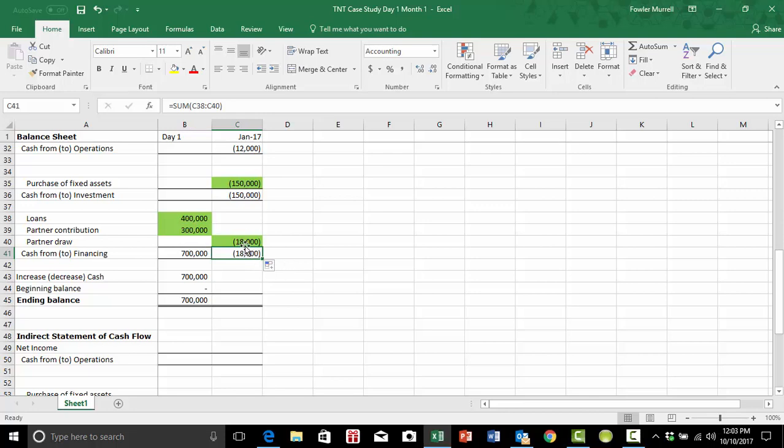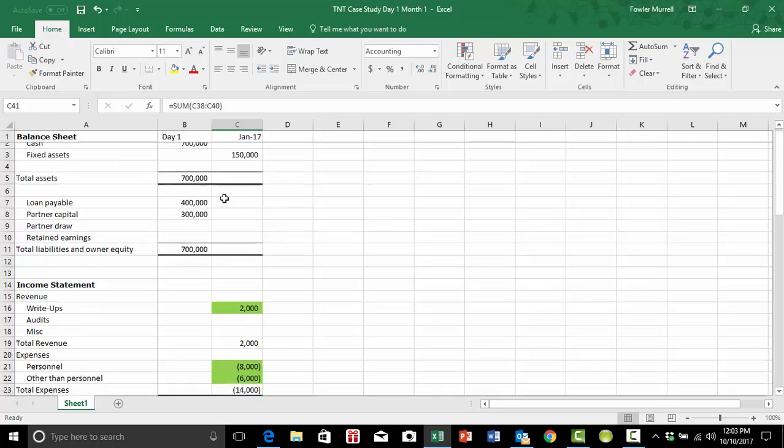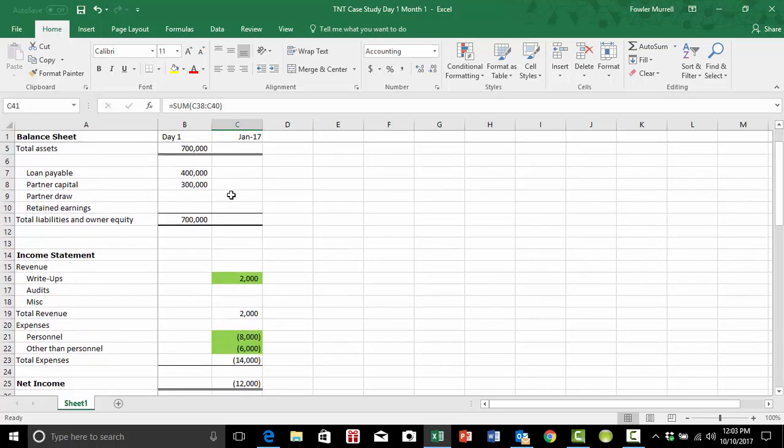The other side of this entry is up here, partner draw. And partner draw, the entry is a debit to partner draw, credit to cash. Partner draw is a contra to partner capital, so it shows up as a negative in the balance sheet.